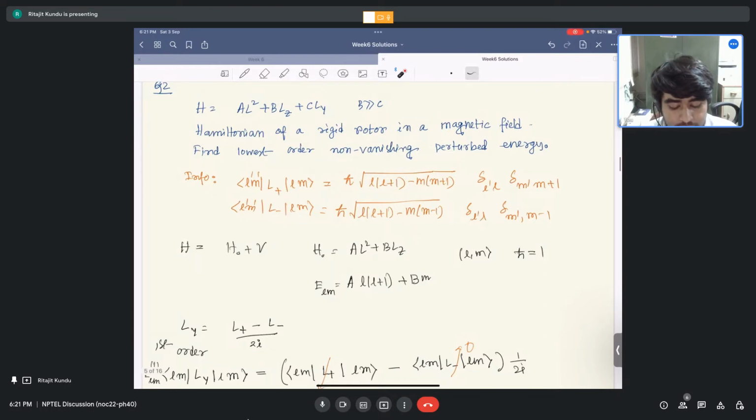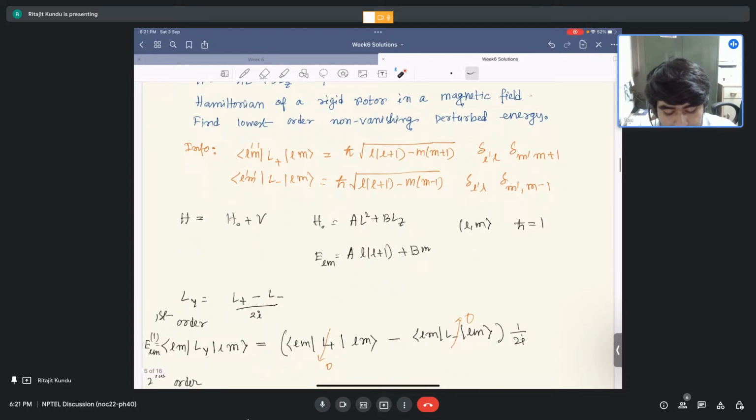This L_y can be written in terms of the ladder operators L plus and L minus. L plus increases the M quantum number, and L minus decreases the M quantum number.